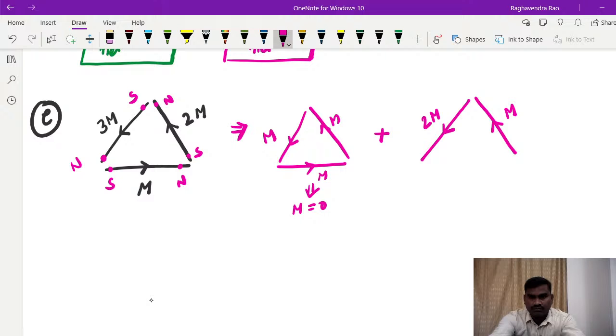Now what is the angle between these two? The angle between the vectors is the angle between the tails of the vectors. Now we need to extend this one, like this is m, this is the tail of this vector. Now the angle between these two is like this. As we are saying, this is an equilateral triangle, this angle is 60 degrees.